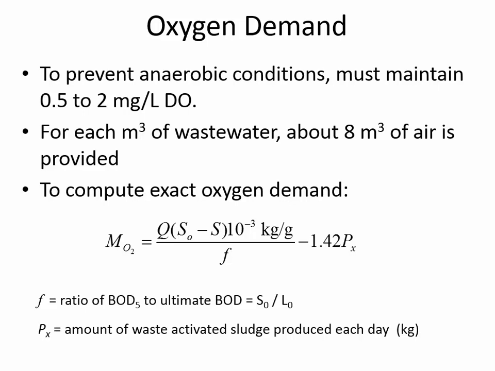So we have to add a lot more oxygen because most of the oxygen we add is going to float to the surface and then go out into the air. This formula just tells us how much is being consumed by the microorganisms that are in solution. And you'll notice that it depends on the flow rate. Of course that makes sense, because the more water you're treating, the more oxygen they'll require.